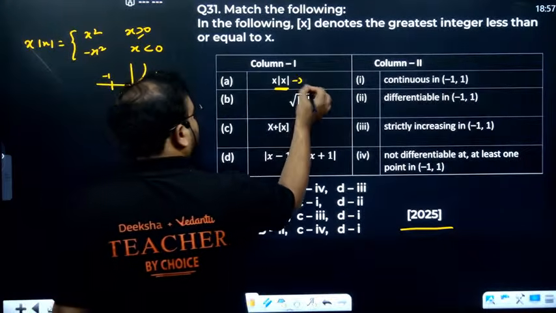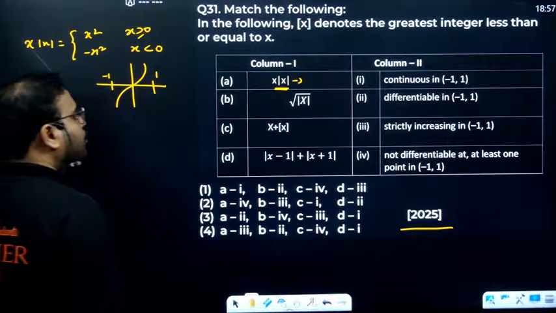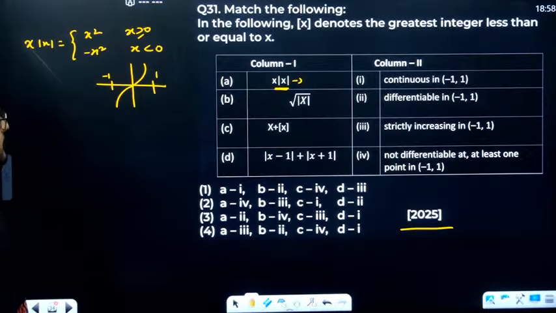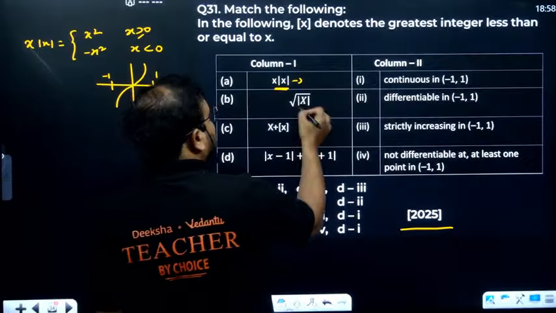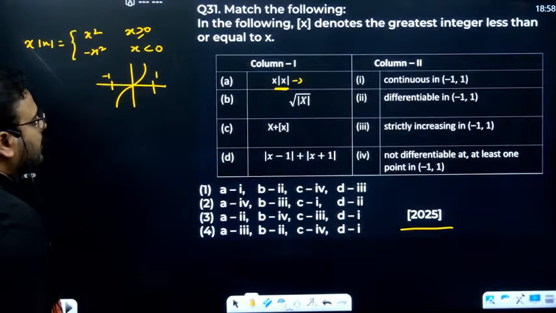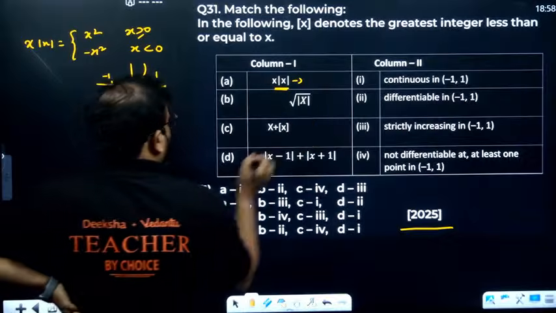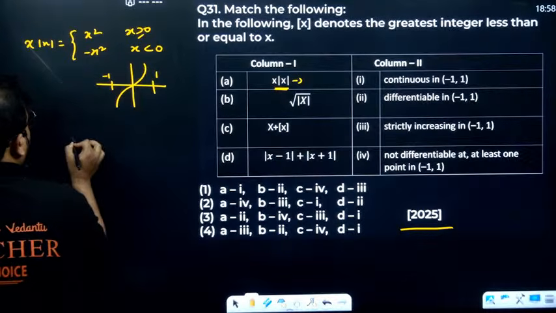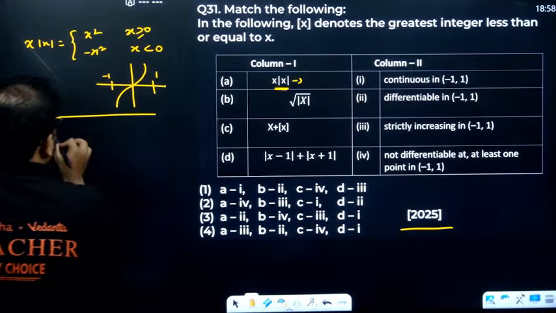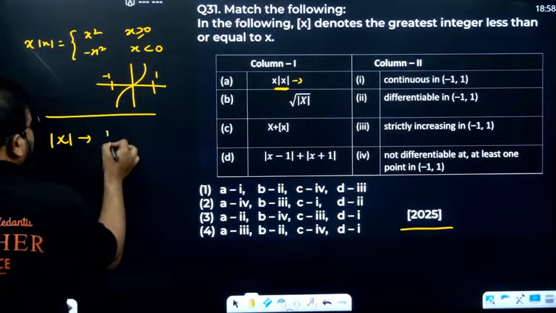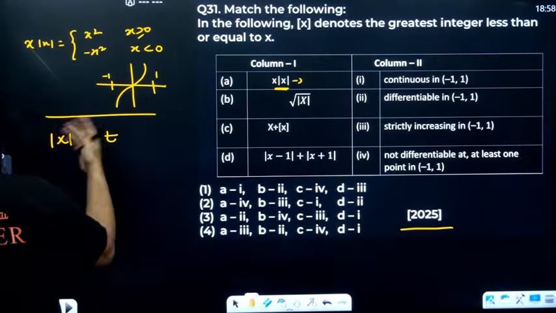For this we have three options. Let's look at this now. Root of mod x. Mod x means this has to be always positive. Let's say I take mod x as t.